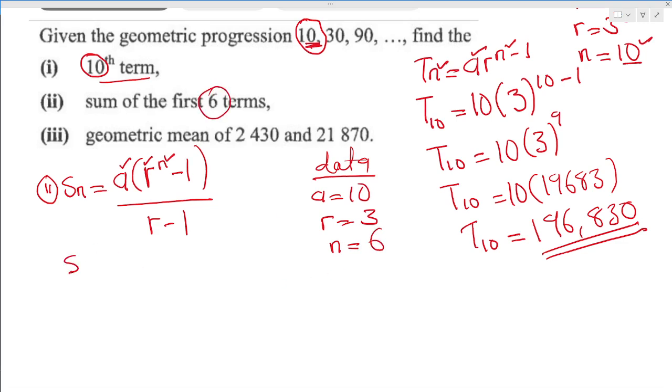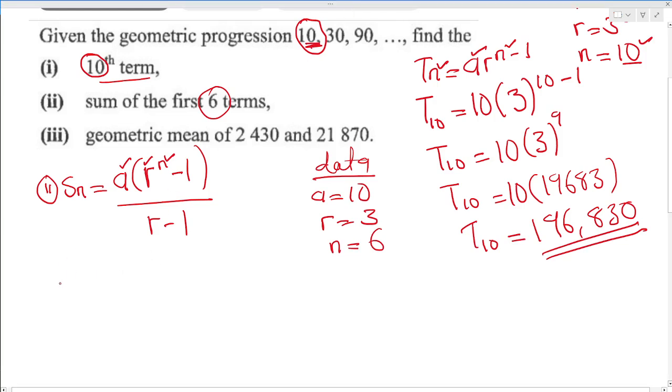So we're going to say Sn is equal to, what is our a? Our a is a 10, open bracket. What is our r? It is a 3 to the power. Let me take it a little down once, because we don't have enough space there.